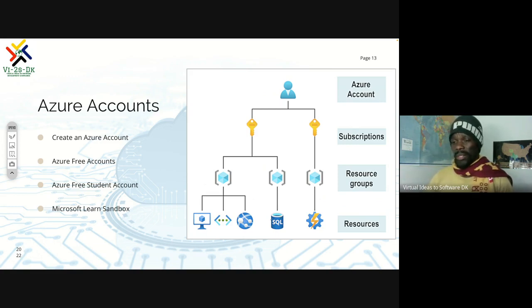I can give him access directly to SQL, or I can give him access to the entire resource group. When you give him access to the entire resource group, then whatever you add to this resource group, he automatically has access. Just like here, if Gilbert has access to this group, that means he has access to every resource within that group.